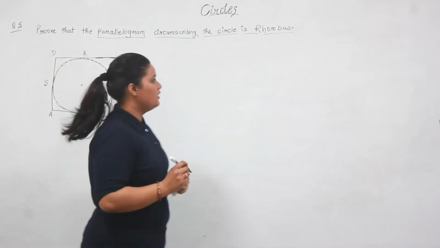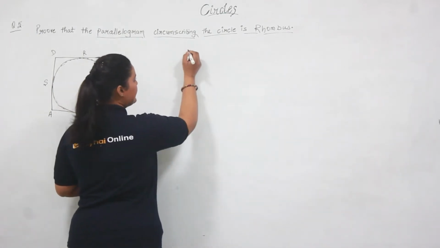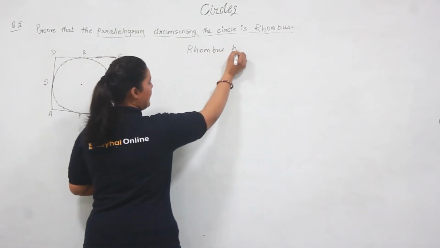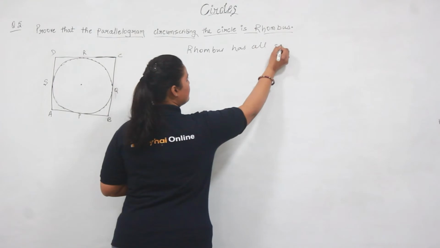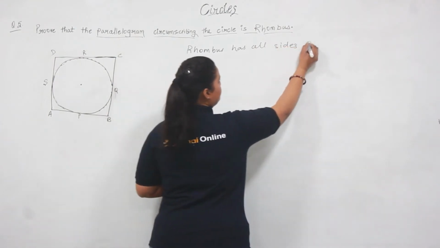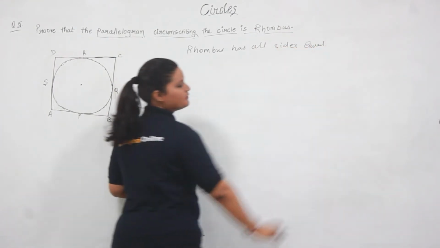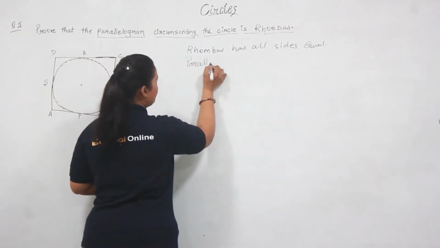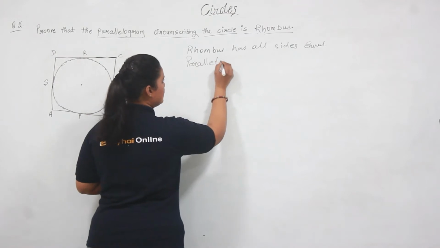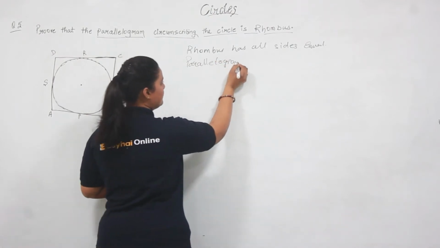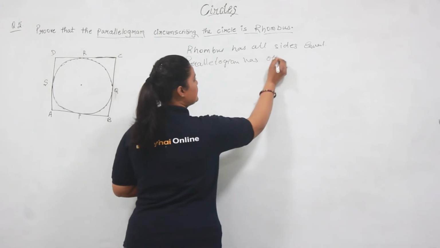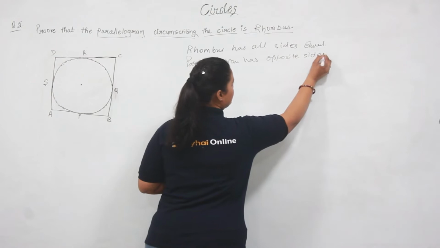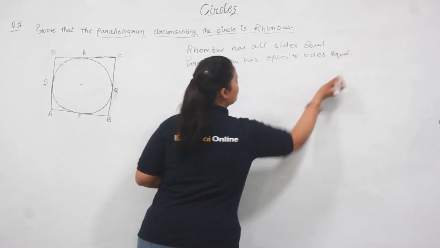Since the rhombus has all sides equal, right? And a parallelogram has opposite sides equal, right?